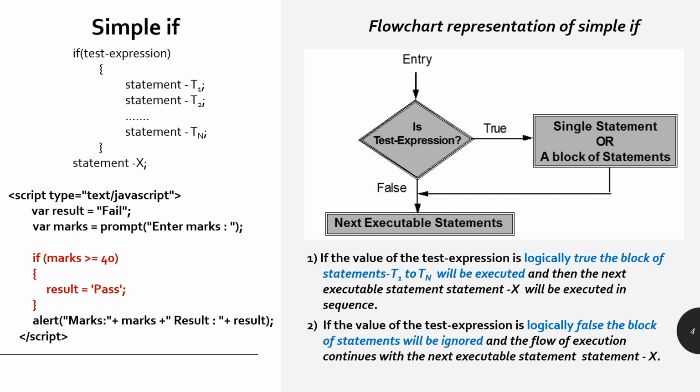We can print the marks as well as the result of the student. But the problem is, in the if statement itself it is mentioned that only when the condition is true will that be executed. False means nothing will happen here, and the execution flow will continue.